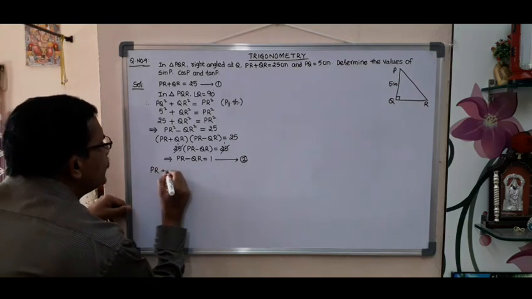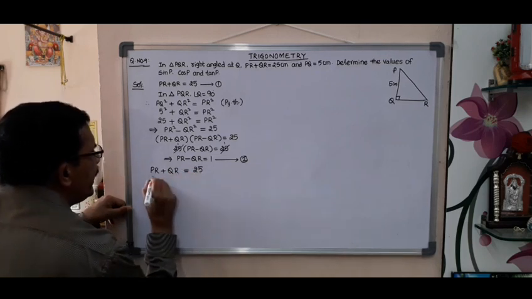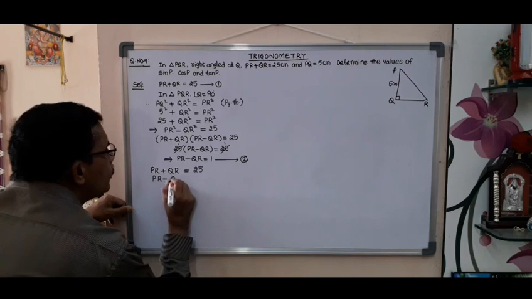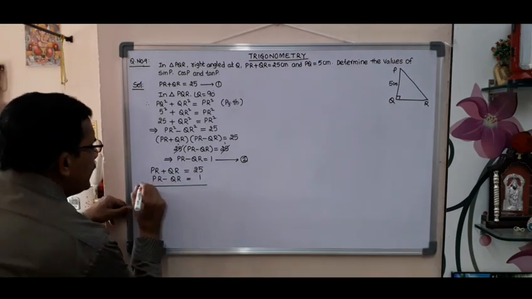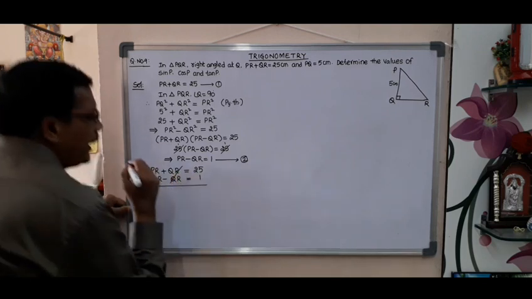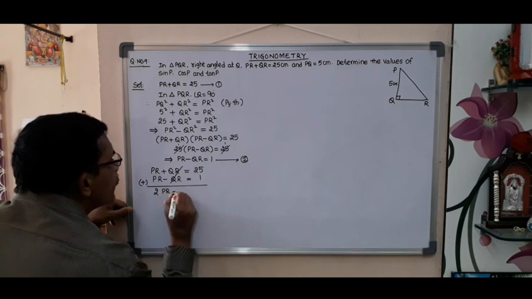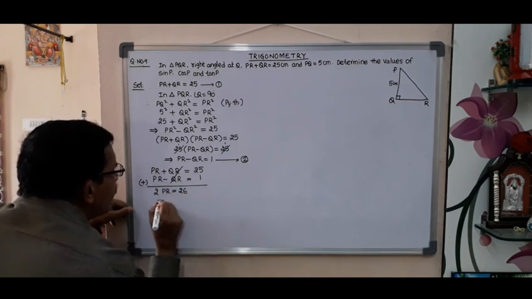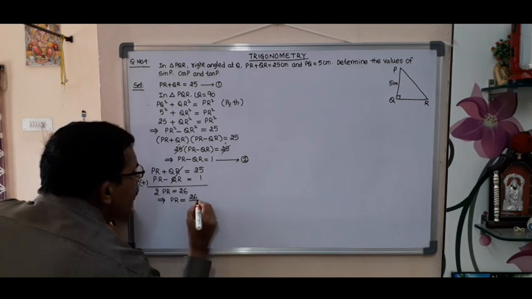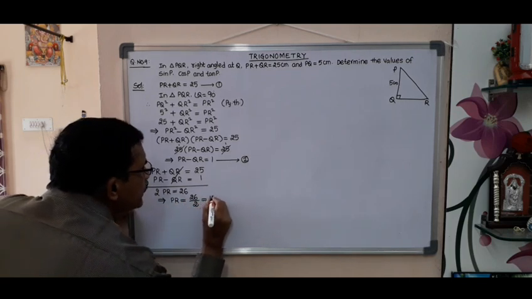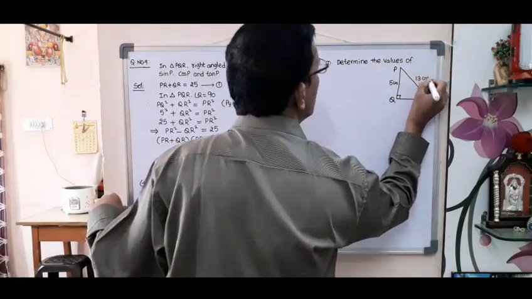PR plus QR is equal to 25. PR minus QR is equal to 1. Adding these two equations, then QR minus QR will get cancelled. 2PR is equal to 26, implies PR is equal to 26 by 2, that is equal to 13. So this is 13 centimeters.